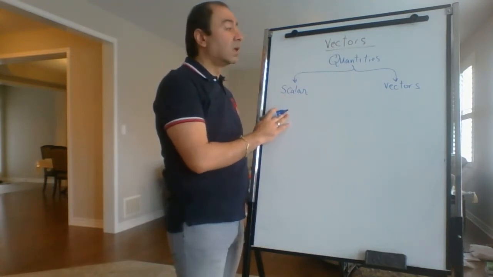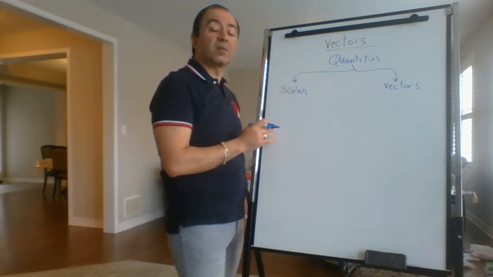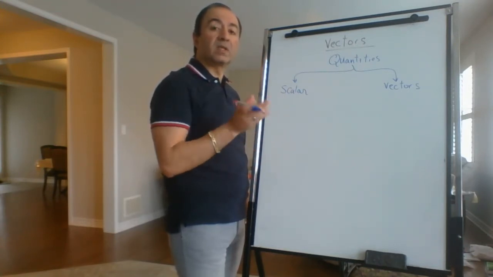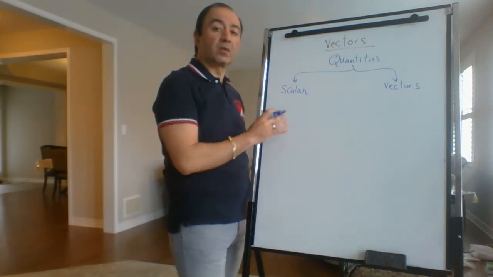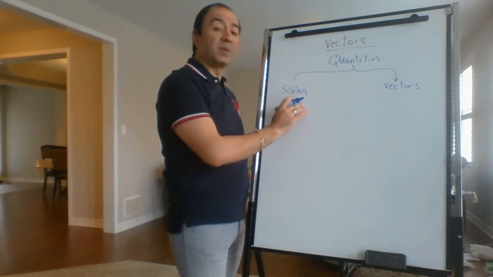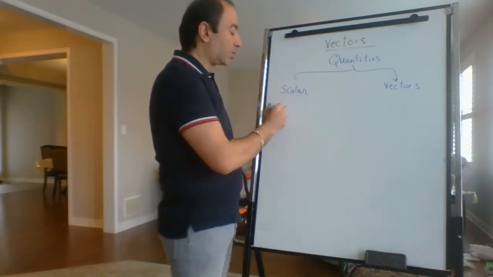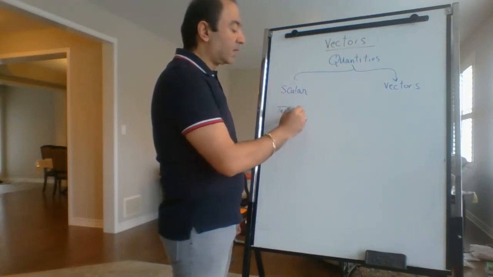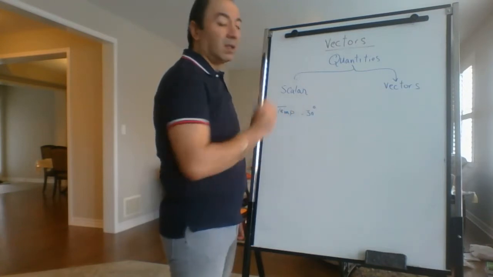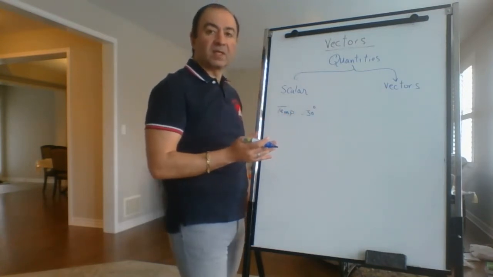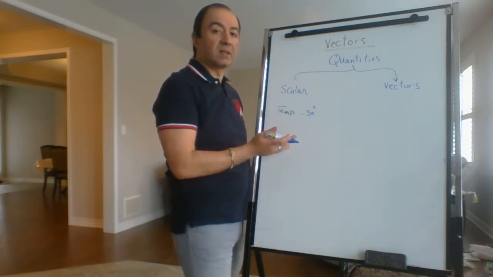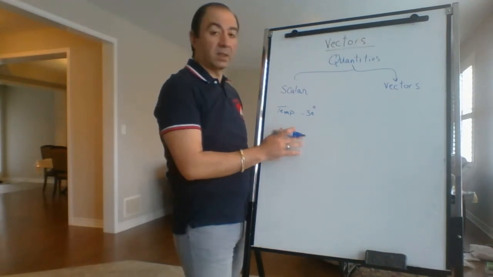Scalar quantities are quantities that you can represent with magnitude only, with a value, with a number only. A number is enough to describe it. To describe it and to understand it completely, you just need a number, like temperature. So when I say it is negative 30, minus 30 degrees, right away you know it's going to be freezing cold, and you know what negative 30 degrees looks like.